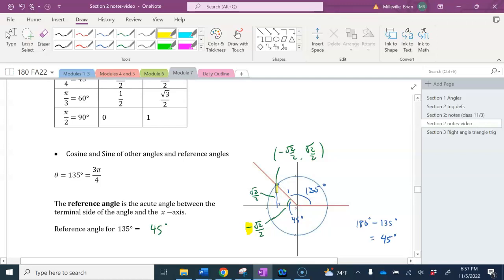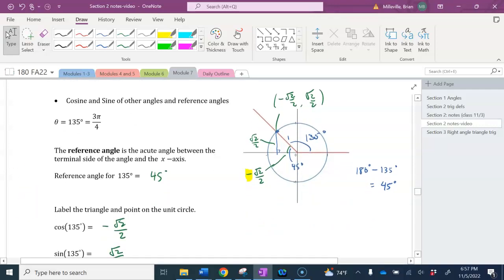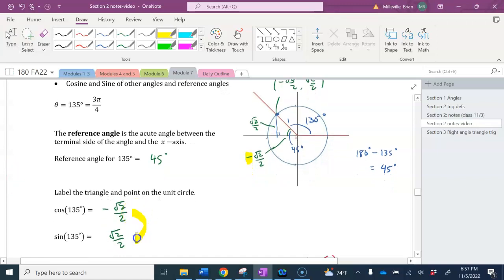So the x-coordinate is negative, the y-coordinate is positive. So our reference angle is 45 degrees. That helps us label the coordinates of the point where the terminal side of the angle intersects the unit circle, and we get negative square root 2 over 2 and positive square root 2 over 2. And that tells us our values for cosine and sine. Cosine is the x-coordinate, sine is the y-coordinate.